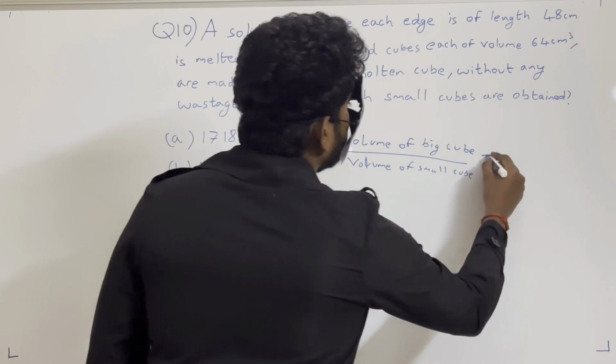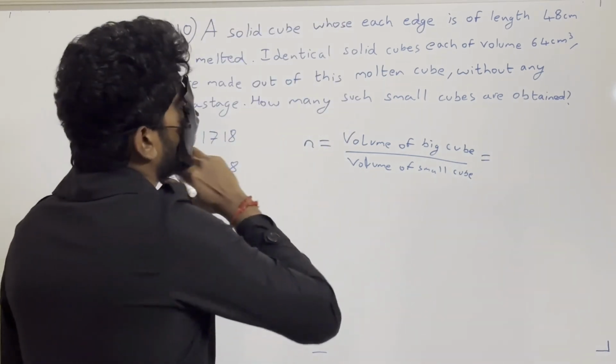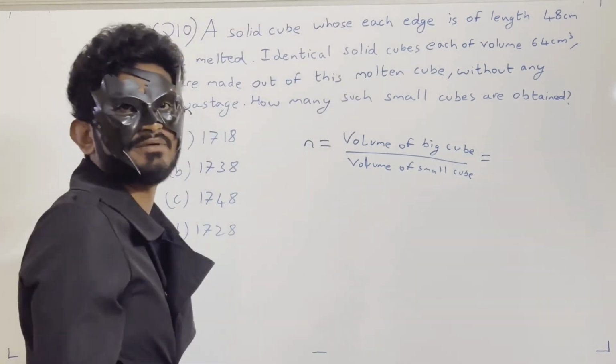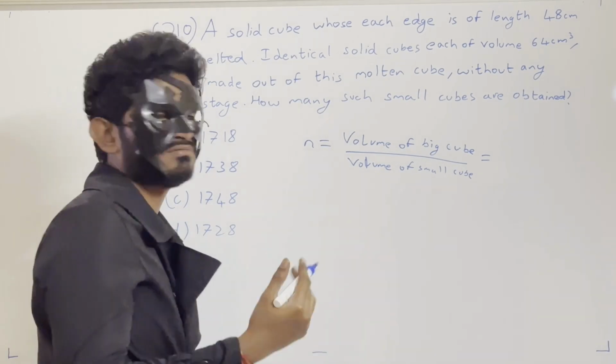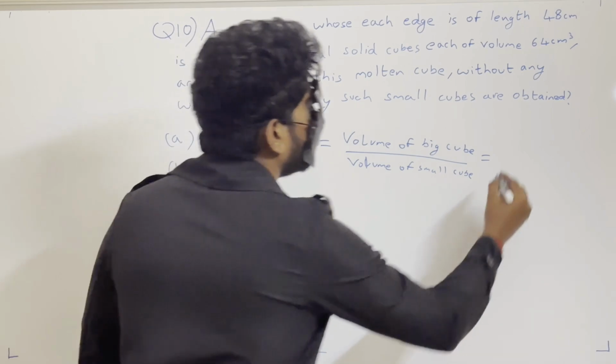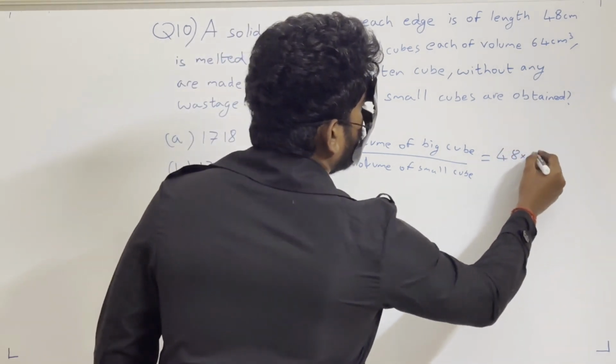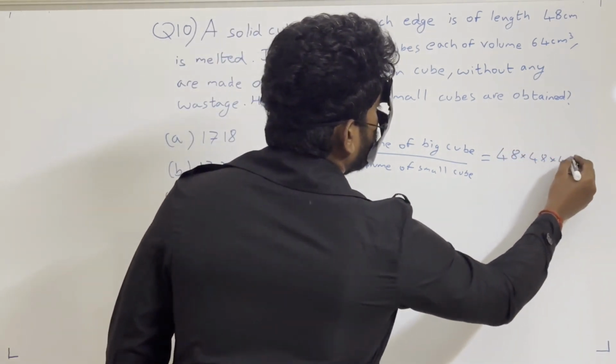It is nothing but equal to, so big cube side length is 48 centimeters, so its volume will be nothing but that side cube, that is nothing but 48 cube, 48 into 48 into 48.